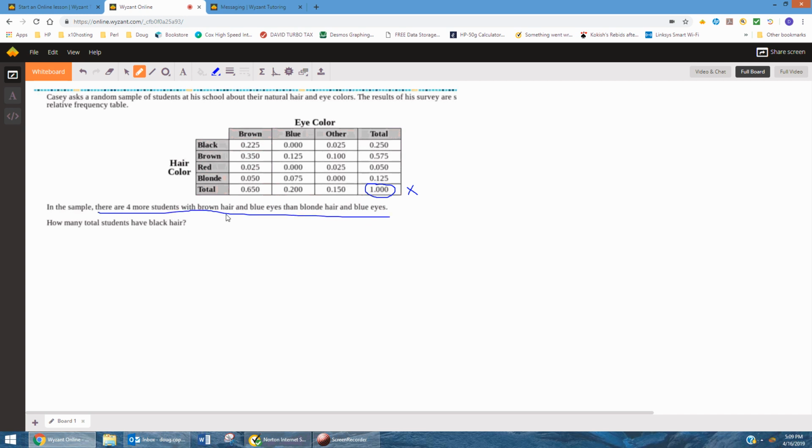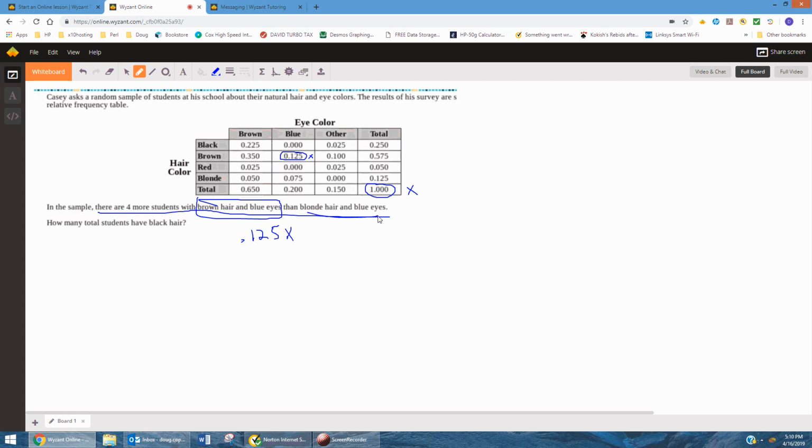So how many actual students are there with brown hair and blue eyes? Well, if there are X total students, brown hair and blue eyes is this number right here. So we have to take 0.125 times X to get the number of students that actually go in this box right here.